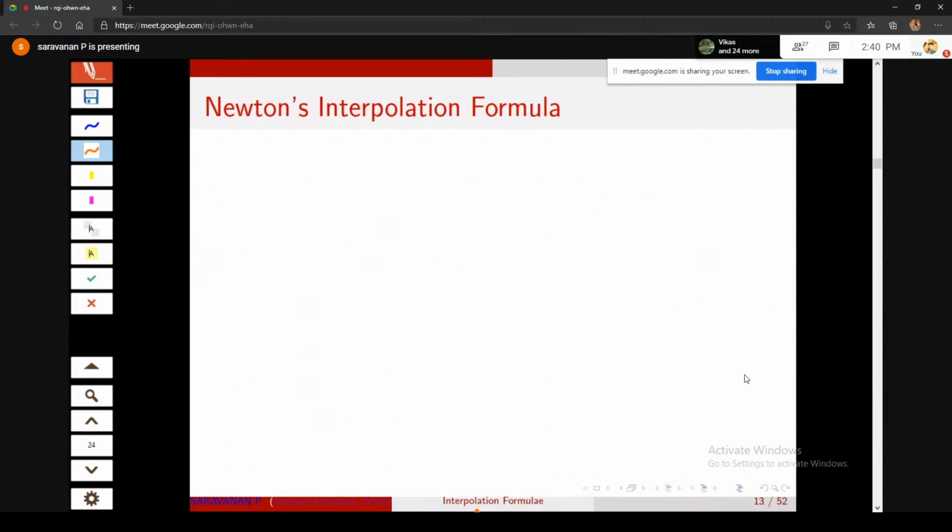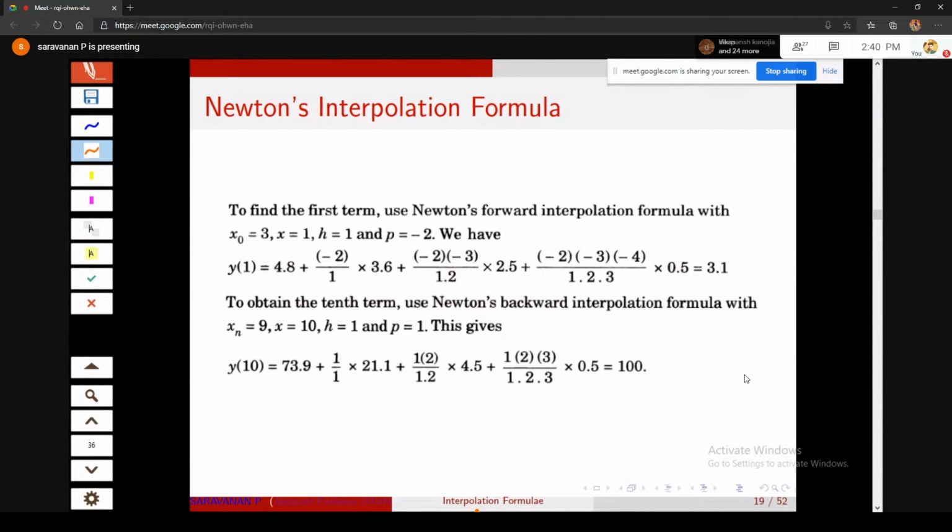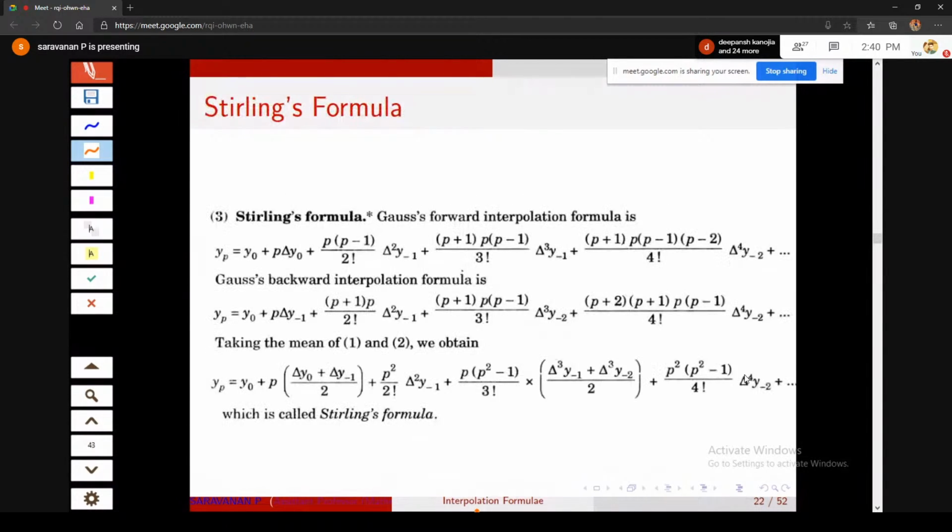Now, Stirling's formula. Look at the first power, third power and so on: we are getting them divided by 2, plus divided by 2, something like an average. For the even powers, it is del square y minus 1, del power 4 y minus 2, and the sixth term becomes del power 6 y minus 3.